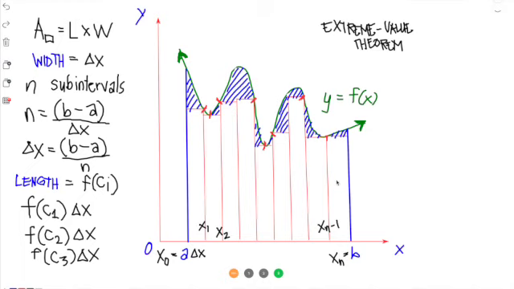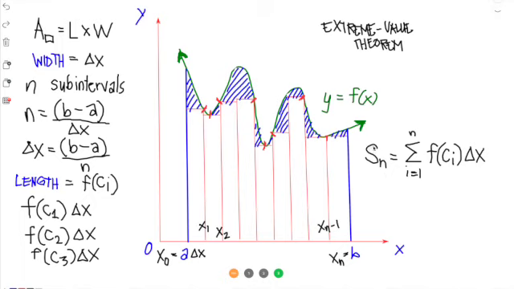So in sigma notation, let's take the summation of the areas of all these rectangles as S sub n. That would be the summation from i equals 1 to n of f of c sub i, c1 up to cn, multiplied by delta x.